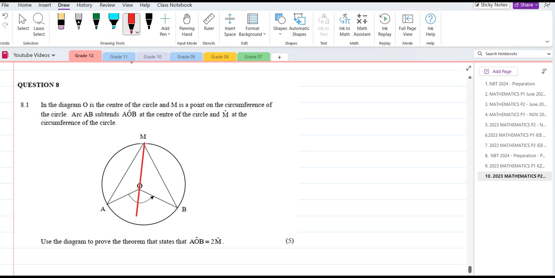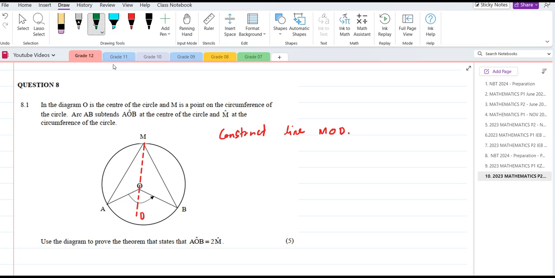MOD, right? So let's write here, construct line MOD. Make sure the construction line is basically in broken lines.